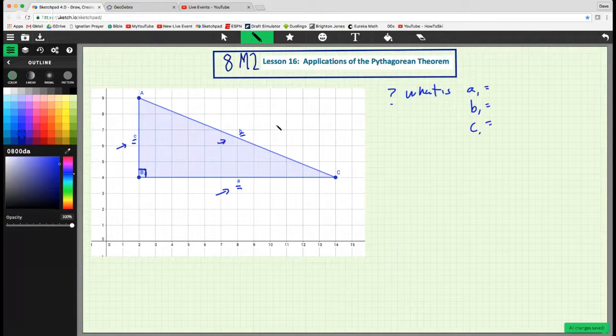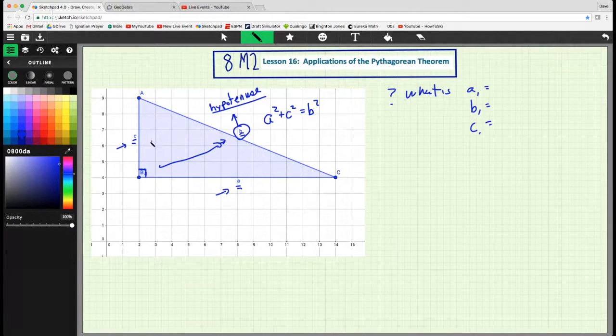So we actually have A squared plus C squared equals B squared. Why? Because B is the hypotenuse.